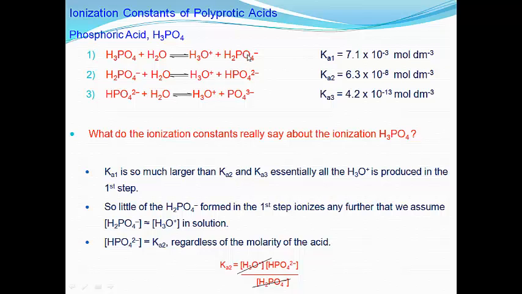Now, if we look at Ka2, it tells us that the equilibrium constant is 6.3 times 10 to the minus 8, which is again several orders of magnitude smaller than that of Ka1, and that tells us that the H2PO4 minus that is formed in the first step will likely react with water, but not to a great degree, to form H3O+ and HPO4 2 minus.